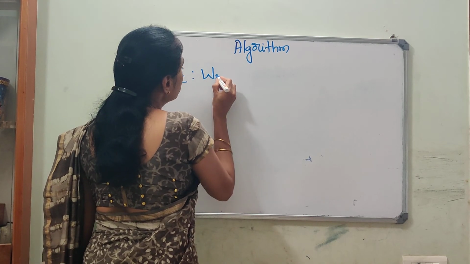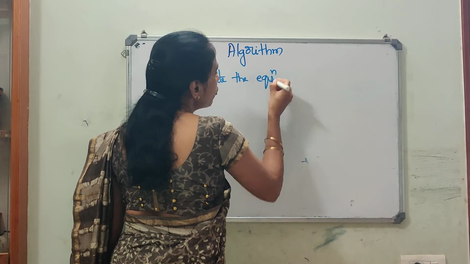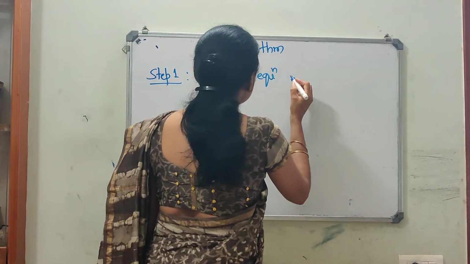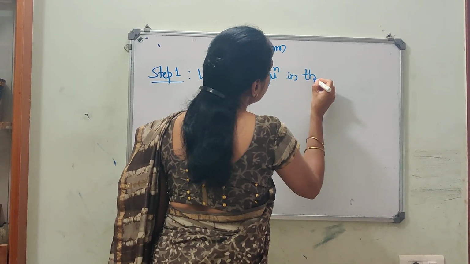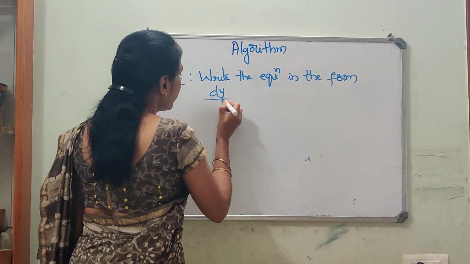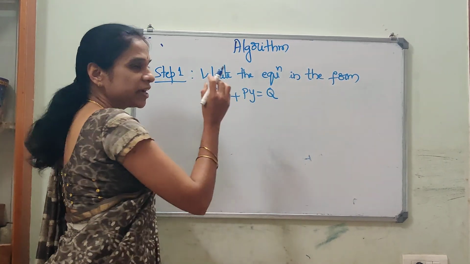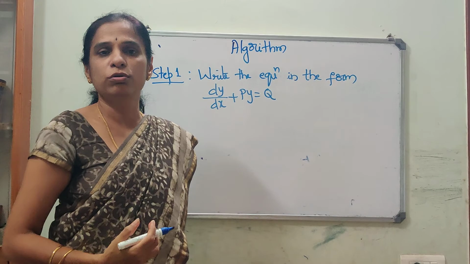Step 1 was: write the equation in the form dy by dx plus py is equal to q, if it is not in the standard form of a linear differential equation. If it is already there, fine, you can go to step 2.